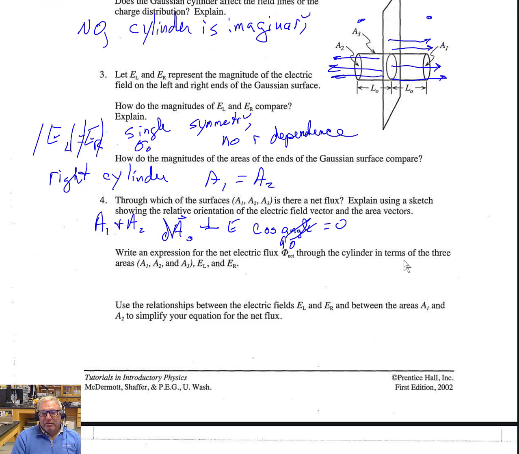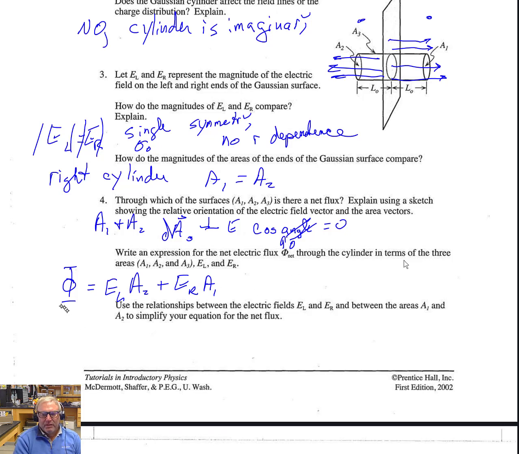Okay, write an expression for the net flux. So flux net equals E left A2 plus E right A1.